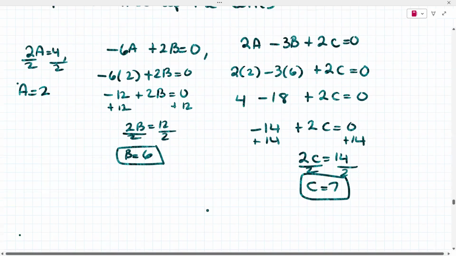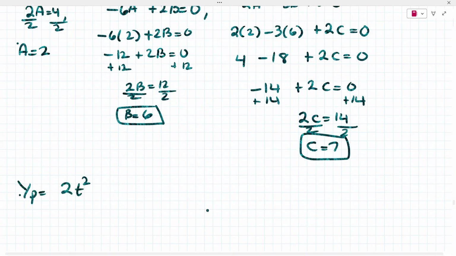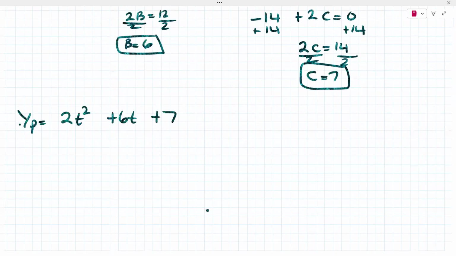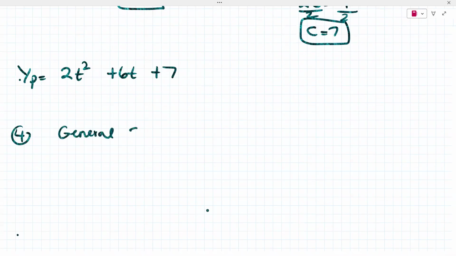So that means your yp is going to be 2t squared plus 6t plus 7. Last step, put it in the general form. The general form is y equals yh plus yp.